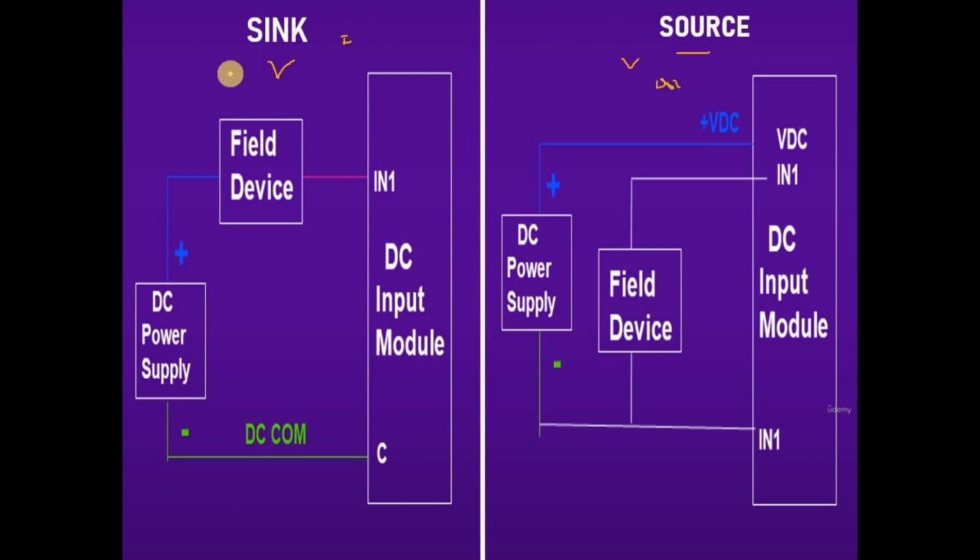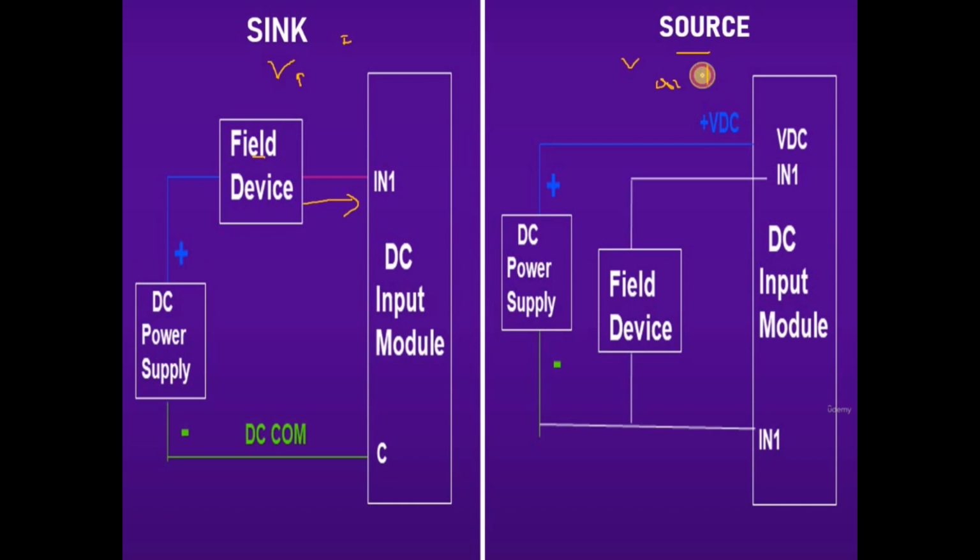If I'm using the sink type input card, what does it mean? It means the power supply flow will be from field devices to the DC input module. The power supply is provided to the field device, and from the field device to the DC input module. So this is about sink: the power supply flow is from field device to the DC input module.